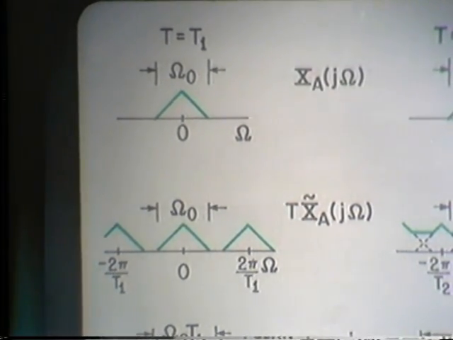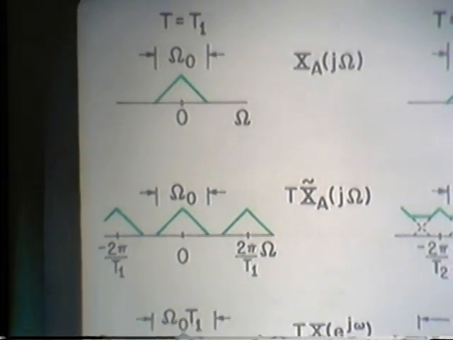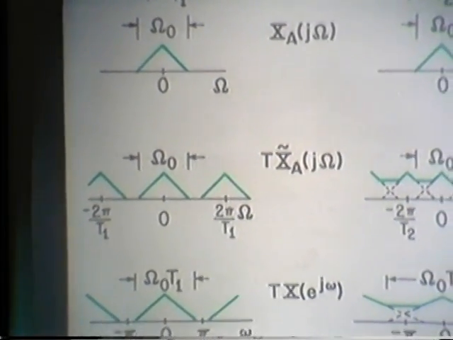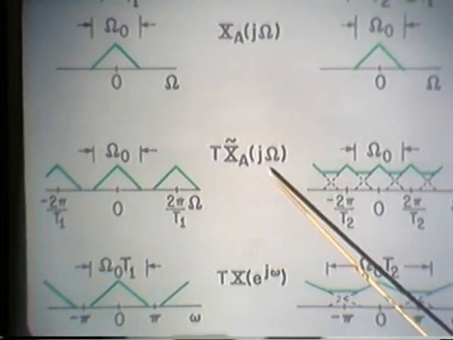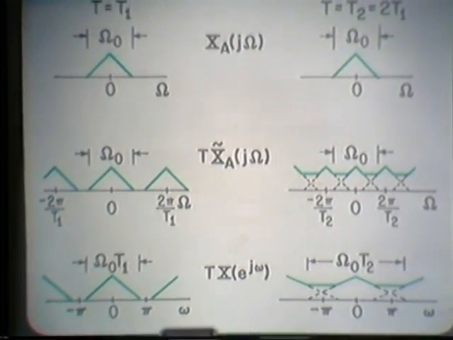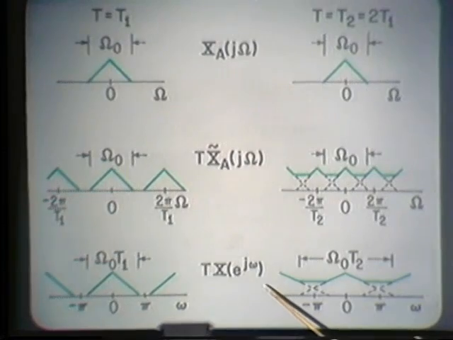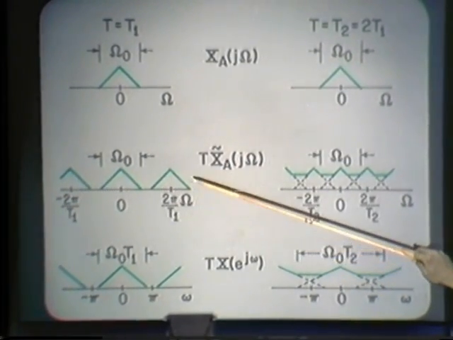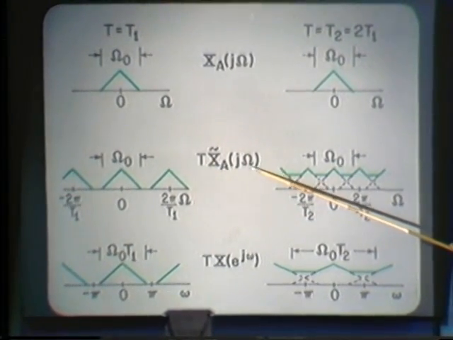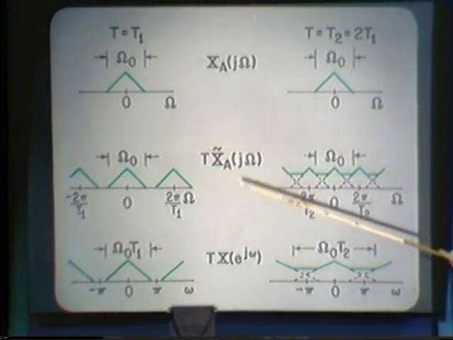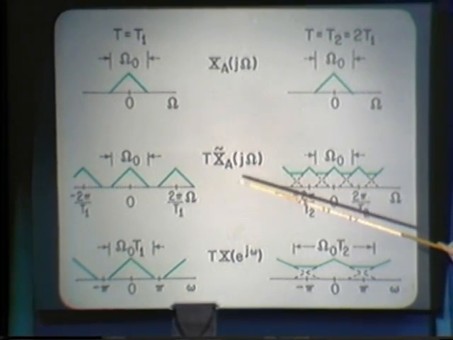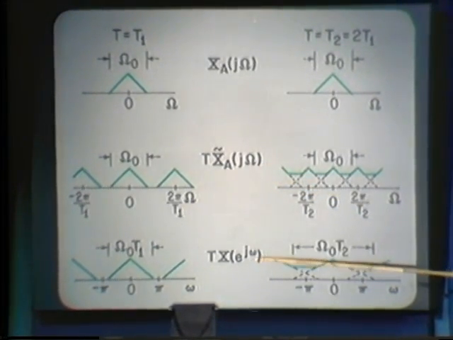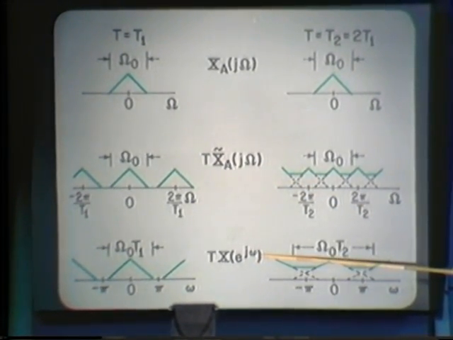And on the basis of the expression that we derived relating the discrete time Fourier transform and the continuous time Fourier transform, the discrete time Fourier transform looks exactly like this, but with a renormalization of the frequency axis, because capital omega times capital T is equal to little omega.